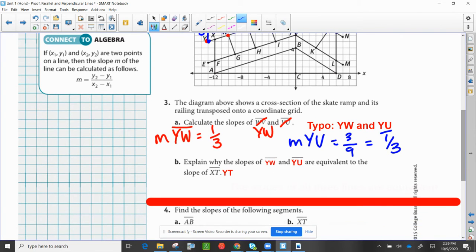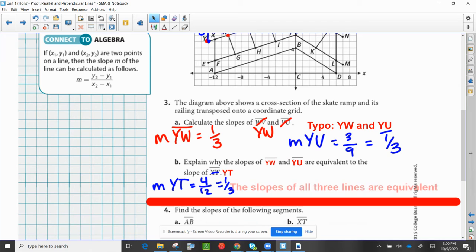So in question 2, they want us to explain why the slopes of YW and YU are equivalent to the slope of XT. Actually, we're not going to use XT, we're going to use YT, another little typo. If you find the slope of that one, you should get 4 over 12, which again reduces to a third. So all those slopes are equivalent. They're all the same fraction when simplified, 1/3, 1/3, and 1/3.